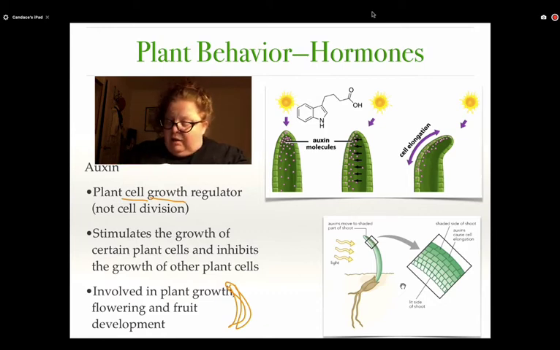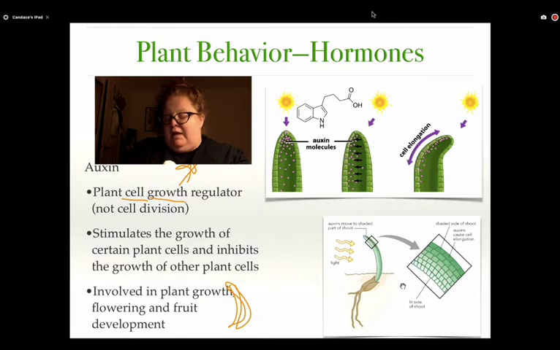A single cell within a multicellular organism can grow. It can get bigger and it can get smaller. The whole organism, if it's multicellular, can get bigger and smaller based on cell division. But the individual cell can also grow. Auxin is not about cell division. It's about cell growth.